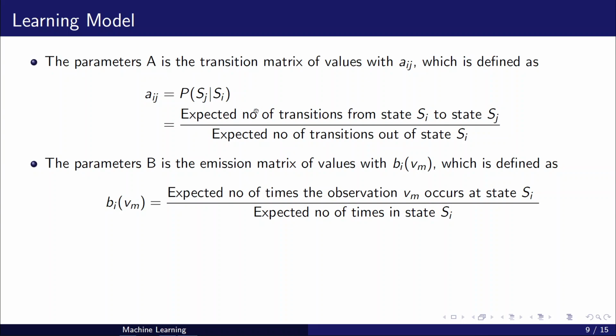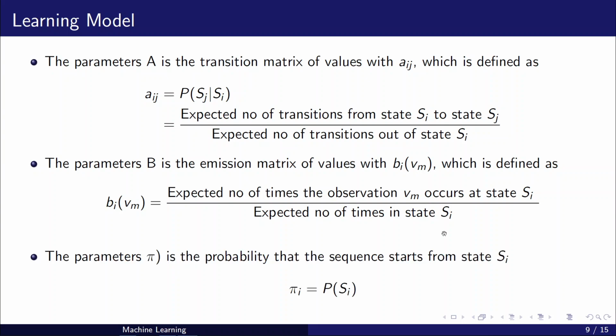By using expectation, we represent the first as the expected number of transitions from state i to state j divided by the expected number of transitions out of state i. Here also we write the equation with the help of expectation: the expected number of times the observation vm occurs at state i divided by the expected number of times in state i.